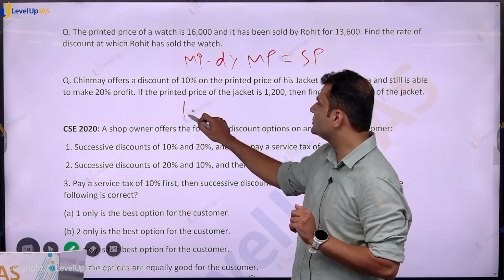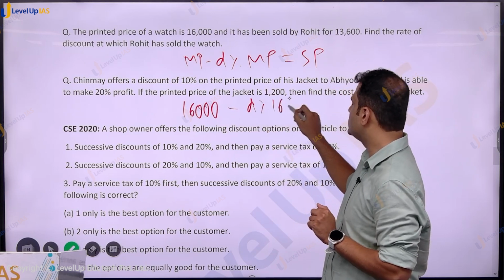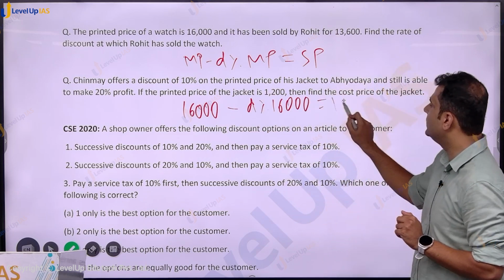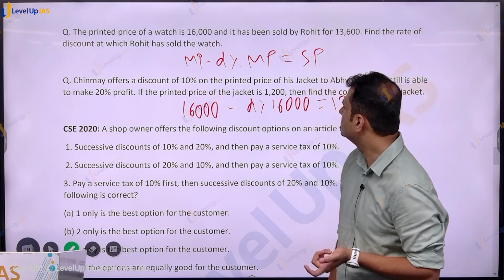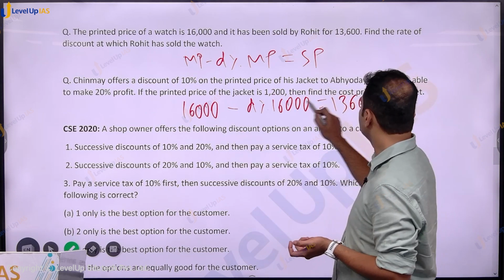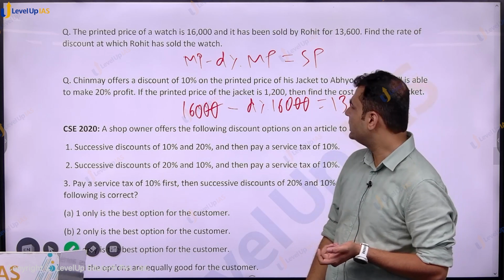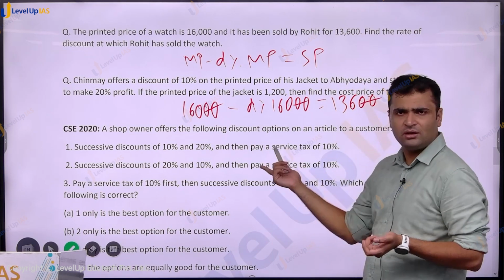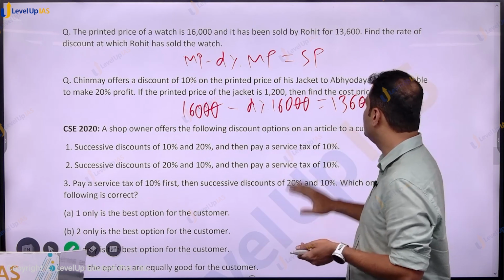Marked price is 16,000 minus D% of 16,000 is equal to 13,600. Just cut these two zeros and simplify it. D% you can write as D by 100 and simplify and you will get the answer.